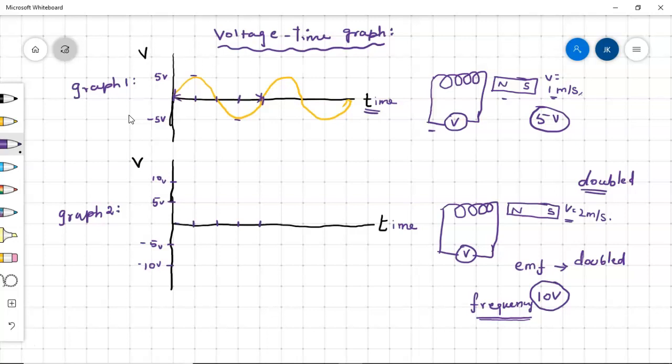We have to draw two waves, which means in this space one wave and in this space another wave. So here we are going to draw one complete wave, and also the voltage is doubled. So the graph looks like this.